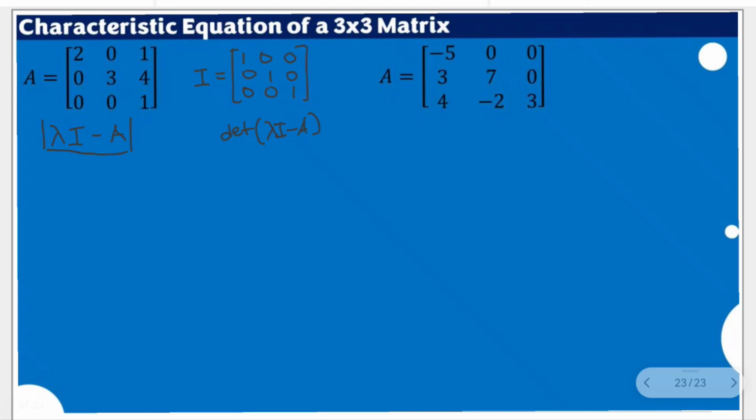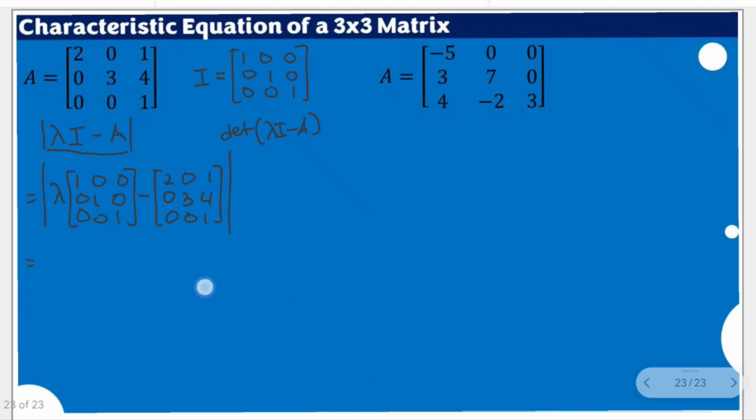So let's start now with the first given matrix. So we'll have lambda times your identity 1, 0, 0, 0, 1, 0, 0, 0, 1, minus your matrix A: 2, 0, 1, 0, 3, 4, 0, 0, and 1.